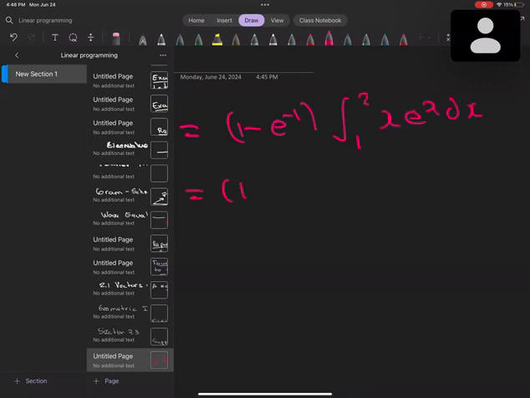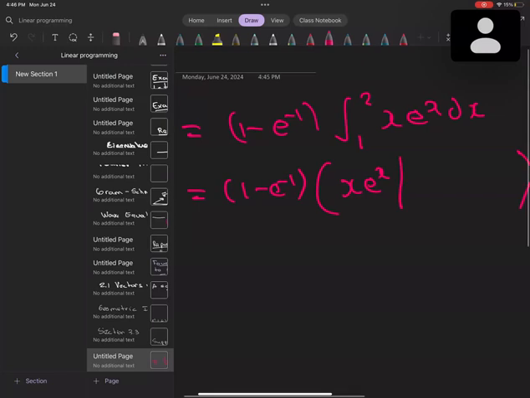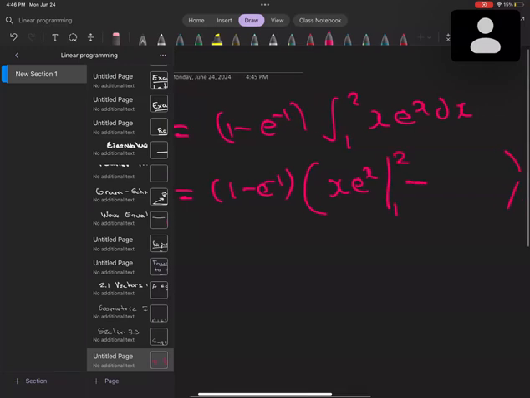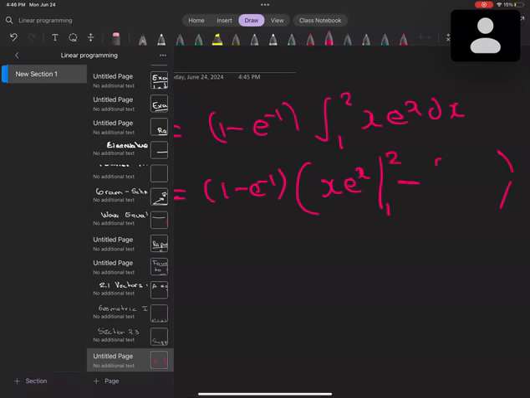And then I did integration by parts. I already did it, so I'm going to skip that part. So this is what we got: x e to the x evaluated between 1 and 2, minus the integral from 1 to 2 of e to the x dx.